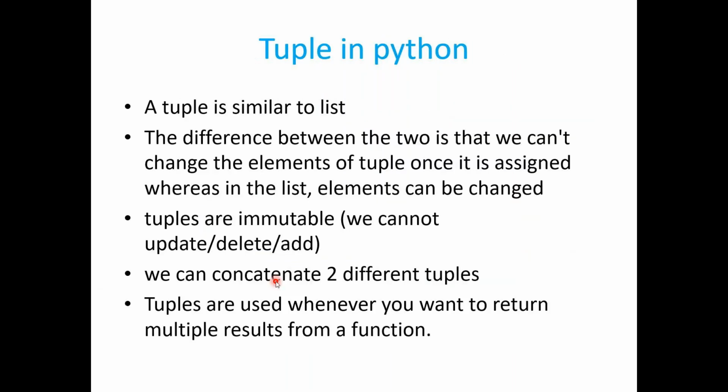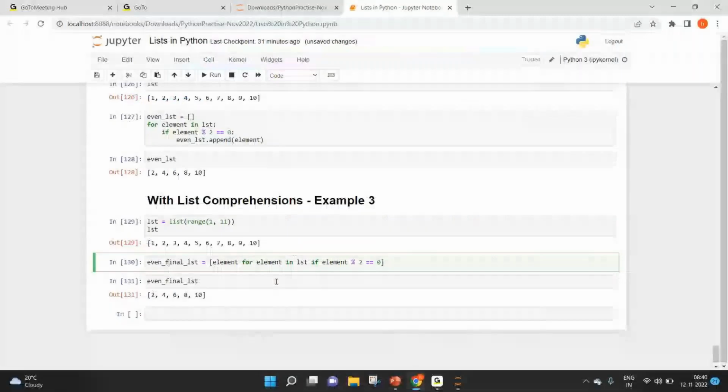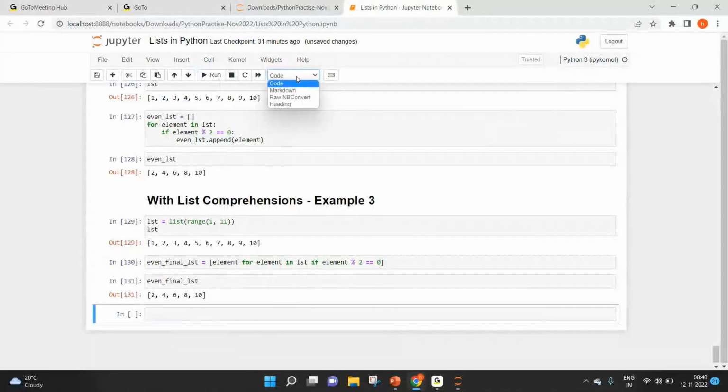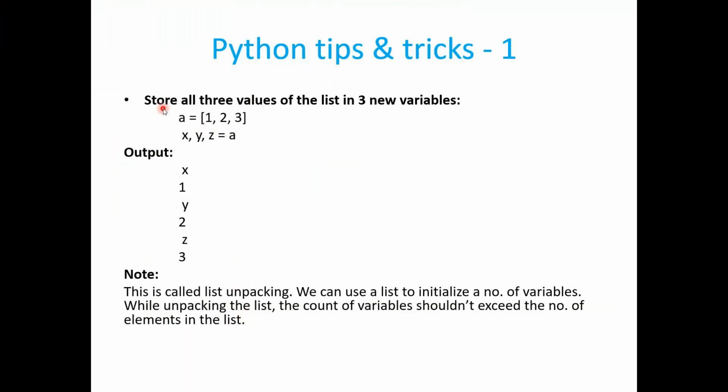So let's see some tips and tricks. Let me add a heading first. Python tips and tricks. So the first one is store all the values of the list in 3 new variables. Suppose I have this list: 11, 22, 33. If you wanted to store these values in separate variables, that is also possible. That is called list unpacking.